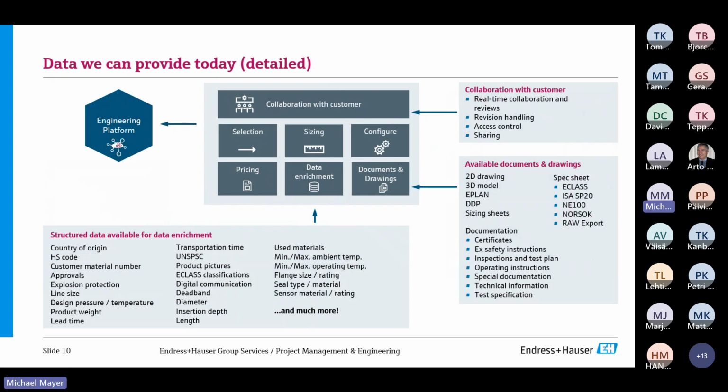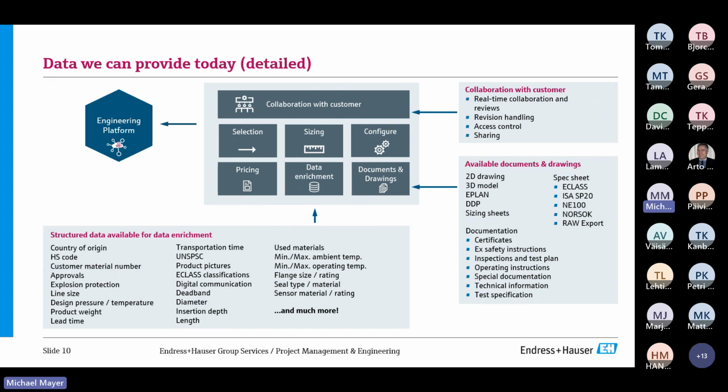And this brings me to my last slide. So what can we provide today? It's a lot of data. So this slide is filled with information on purpose. It's more than you can probably read in this short time. But we have a lot of information which is already structured, like length, insertion depth of instrumentation, seal type, materials, design temperature, maximum temperature, and so on.